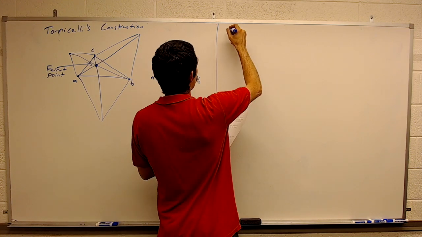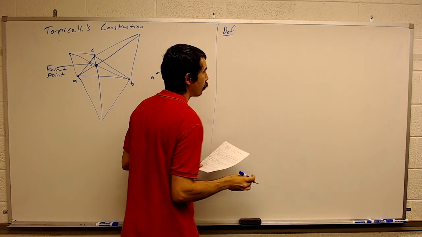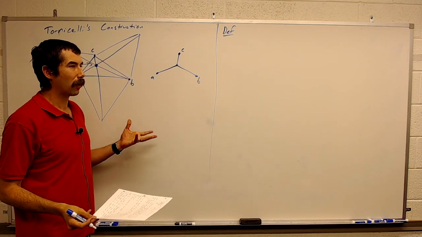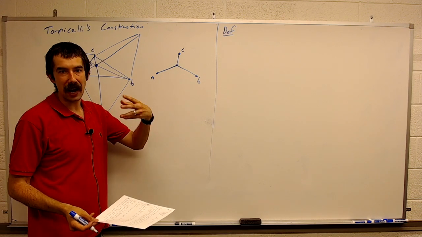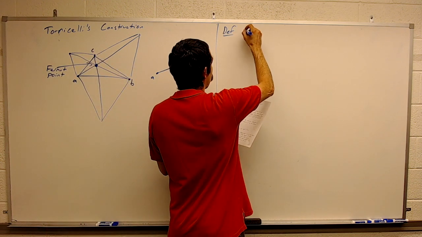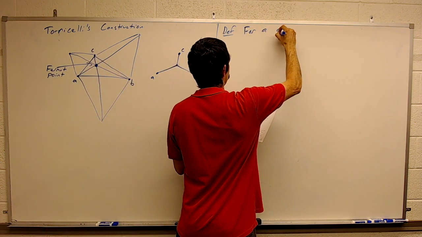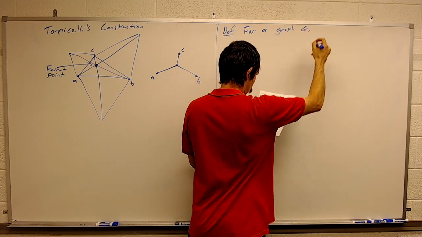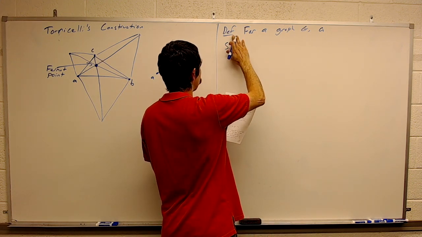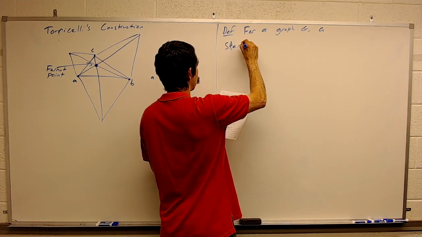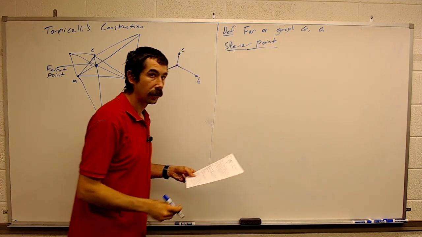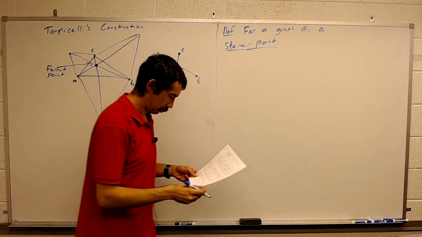Okay, so we'll now define what a Steiner point is, and the Steiner tree. A Steiner point is basically a Fermat point, but when we have a graph with more than 3 vertices. For a graph G, a Steiner point is a new point in the graph.